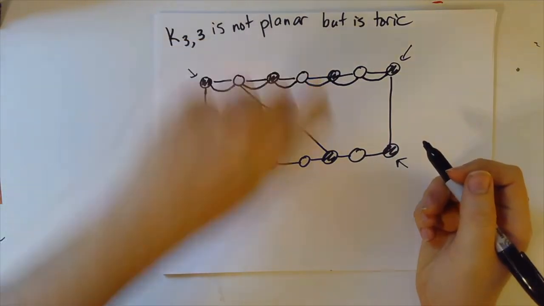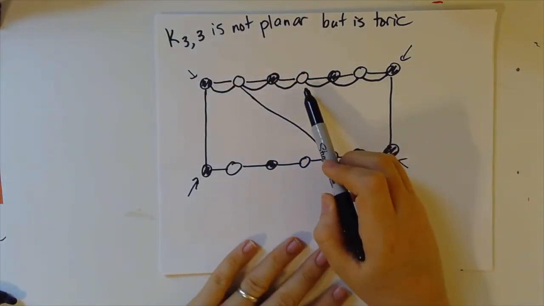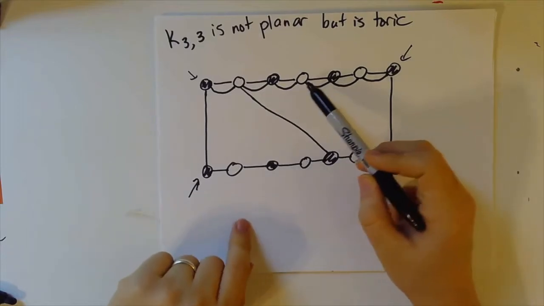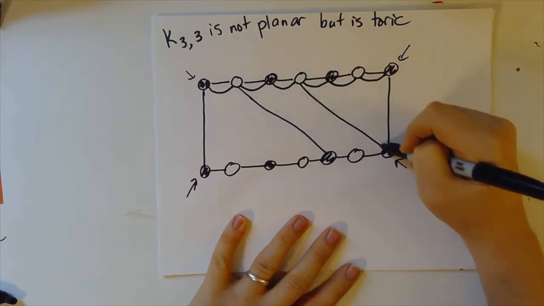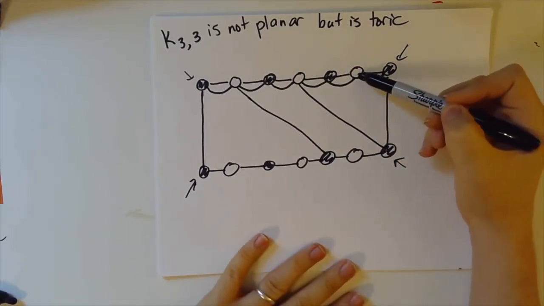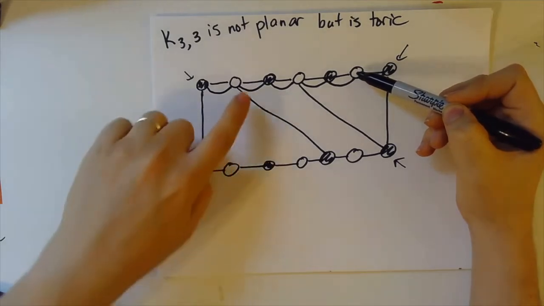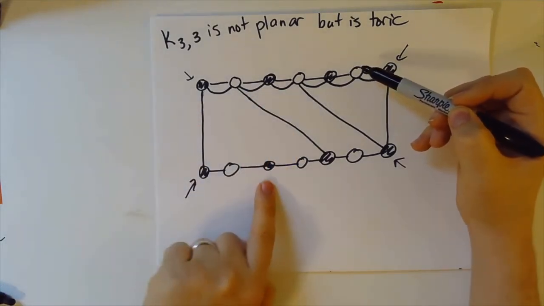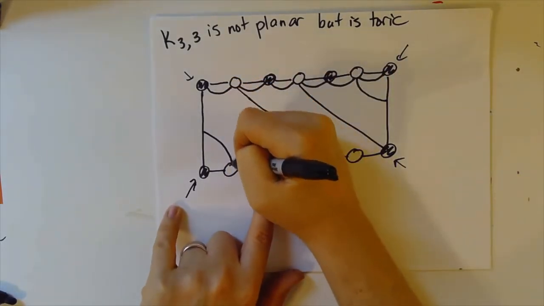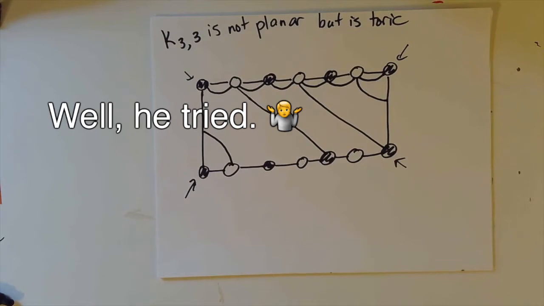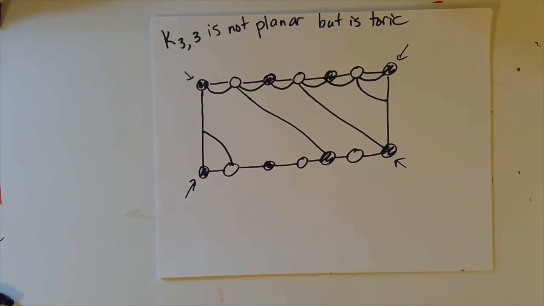Okay, this white dot now is not connected to which black dot? It's not connected to the black dot that's at the corner, so I can go ahead and do that. And now this white dot is not connected to that black dot, which is the same as that black dot, so I'm going to sneak around the sides like that. Okay, and so now every black dot is connected to every white dot, as one hoped.